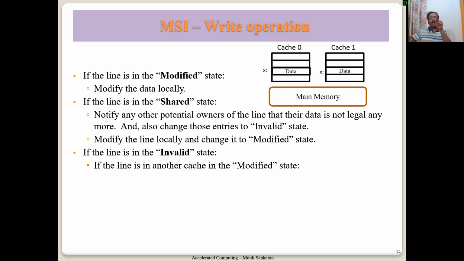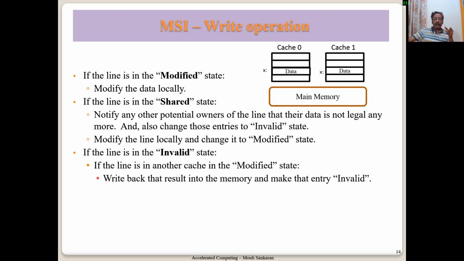So you ask the other core which has it in the modified state to write the value out. Modified state can be out of sync with the main memory, but when you are transitioning from modified state on one core to modified state on another core, write back the result into the memory, because whatever changes are done by the core have to be reflected on the main memory.